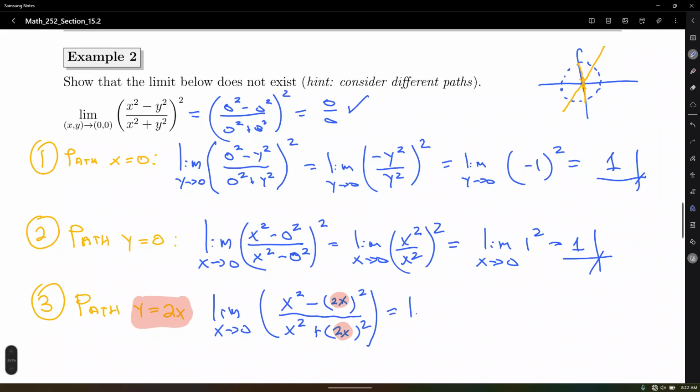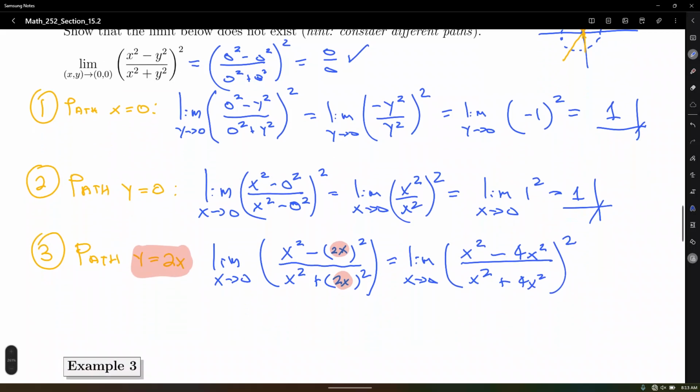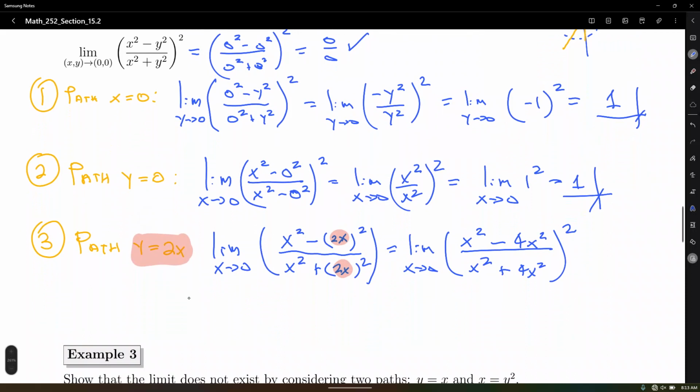All right, so let's simplify this. The limit as x approaches 0 of x squared minus, careful, 2 squared x squared, that's minus 4x squared, divided by x squared plus 4x squared, quantity squared. So x squared minus 4x squared equals negative 3x squared, over 5x squared, everything squared, as x approaches 0.